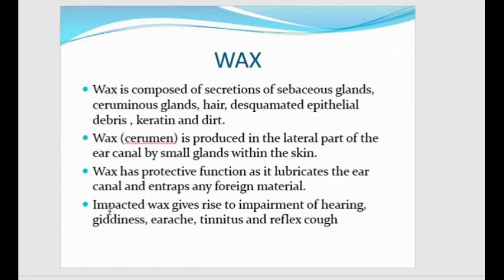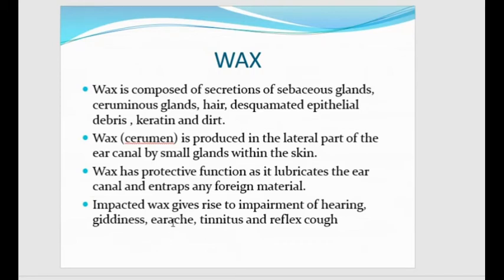Impacted wax gives rise to impairment of hearing, giddiness, earache, tinnitus, and reflex cough. When you have impacted wax, it means the external canal is filled with wax. All of the external canal is filled with wax, so it is called impacted wax. The patient will present primarily with hearing trouble, coming to say that he cannot hear on this side. Sometimes giddiness, meaning dizziness or vertigo.